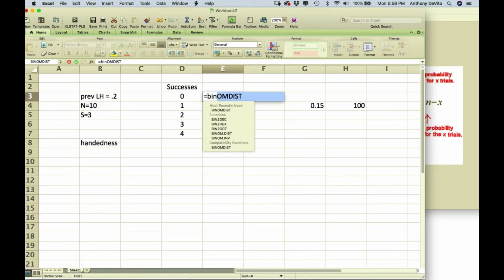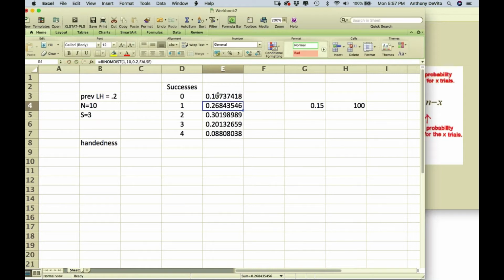So what's the likelihood of that? Binomial Dist, parentheses, 0 successes out of 10 trials, 0.2, comma, false. I'm going to close my parentheses, and it comes out to be 10%. It's a 10% chance that I would get nobody in that group of 10 that is left-handed.